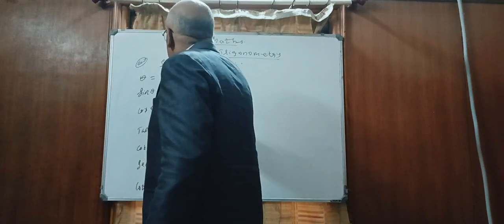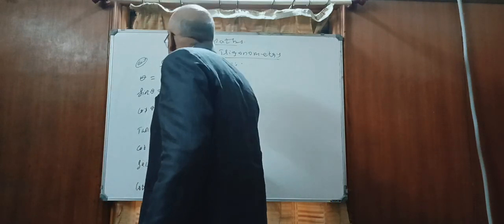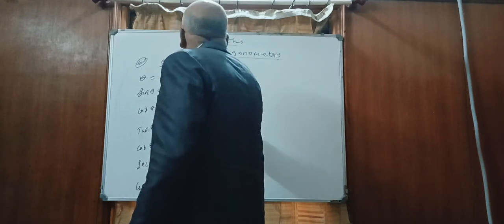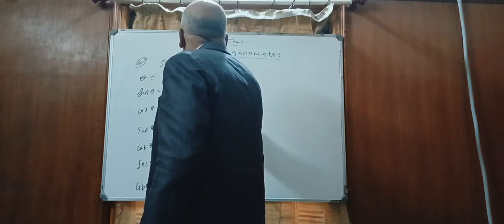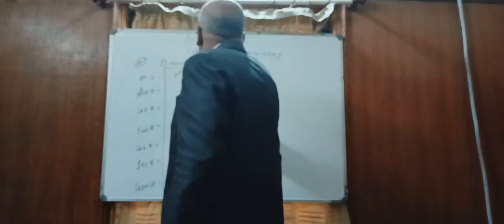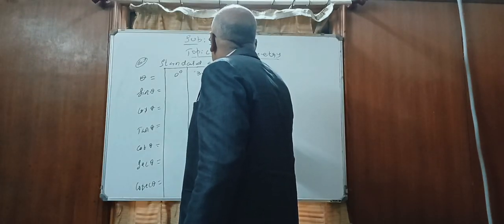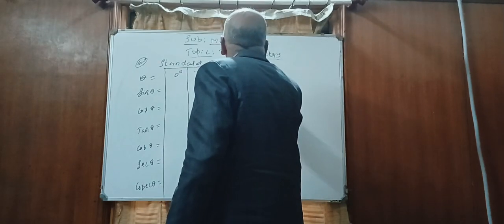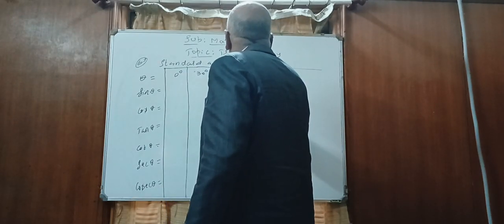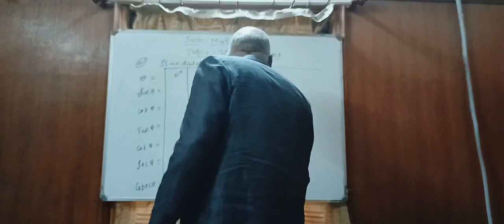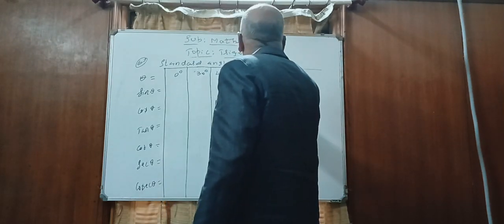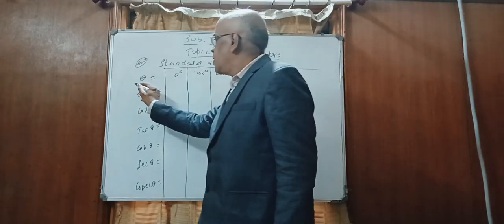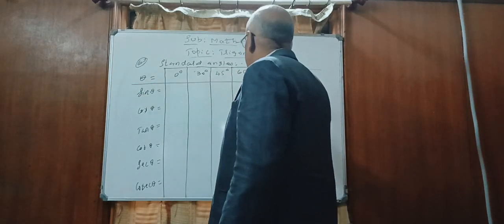Which is the first angle? Theta 0 degrees. Second one 30 degrees, 45 degrees, 60 degrees, lastly 90 degrees. So then draw the line here.